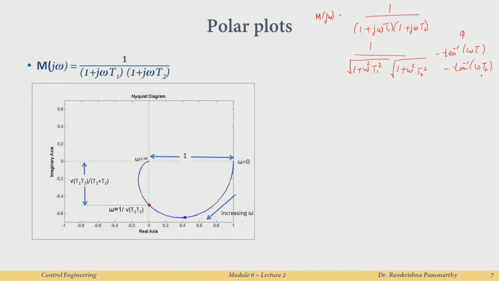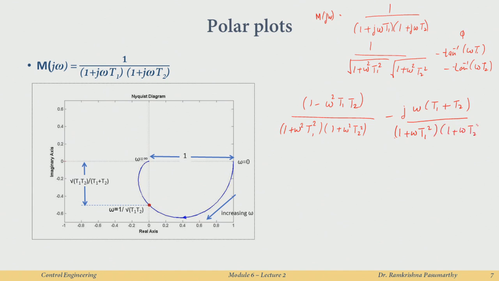Now again I could do the rationalization and write it in the real and imaginary parts: 1 minus omega square t1 t2 over the denominator 1 plus omega square t1 square times 1 plus omega square t2 square, minus j omega t1 plus t2 over the same denominator.